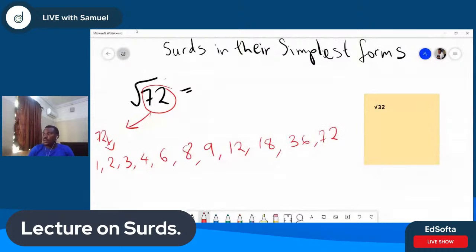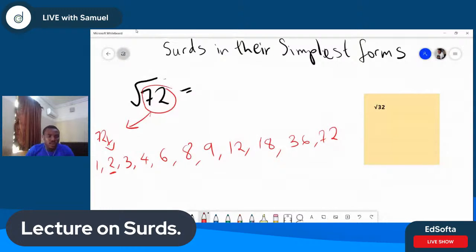Now, if you look at this, the simplest form means that we need to use the simplest factor that has a perfect square.